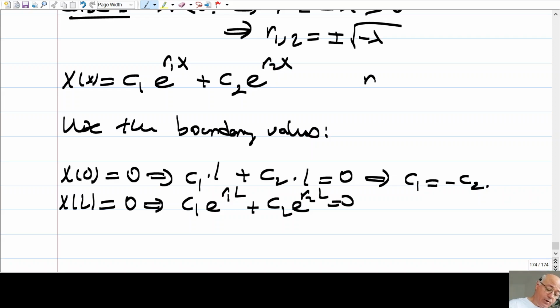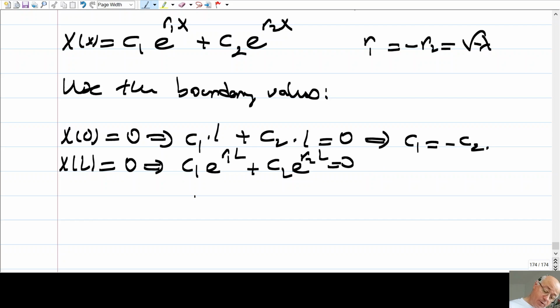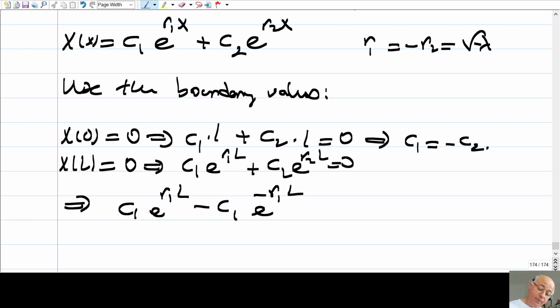But R1 and R2 are just negatives of each other. So I have this, and C1 equals minus C2. So if I plug this in, I get C1 times e to the power R1L minus C1 times e to the power minus R1L, right?